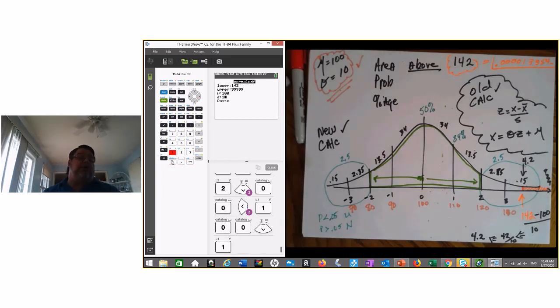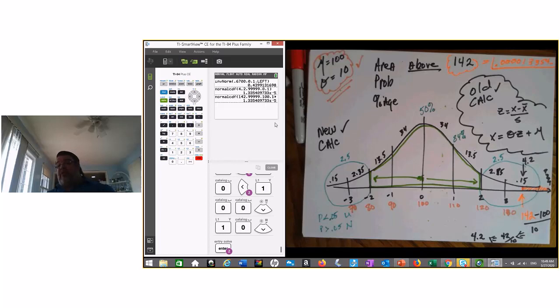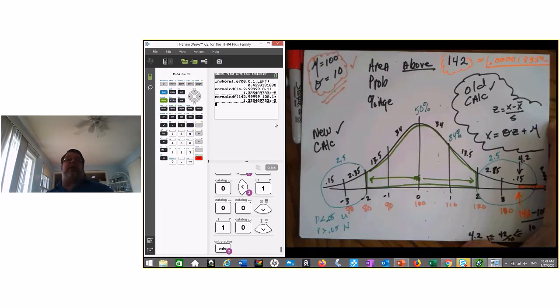And you should come up with the same answer. There it is, same answer. So if you've got a newer calculator, you don't have to do as much work. So hopefully you understand that.